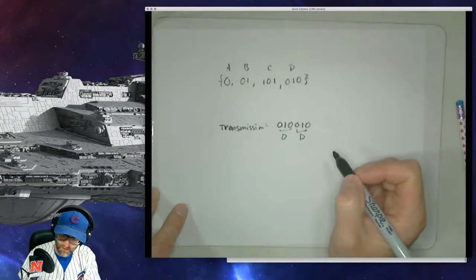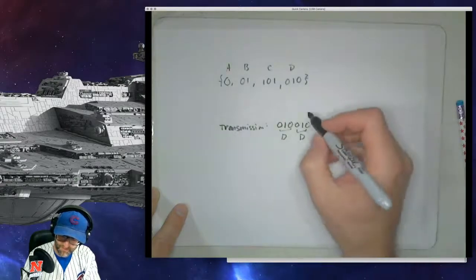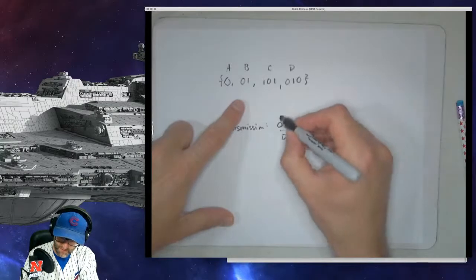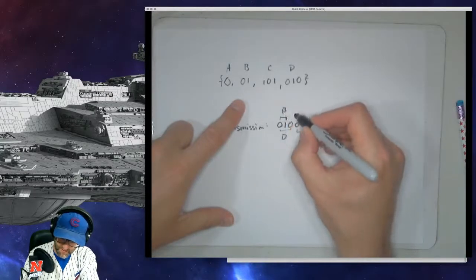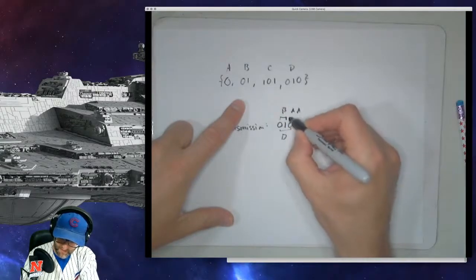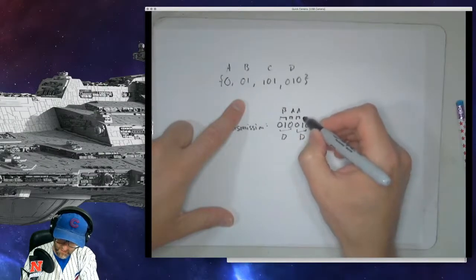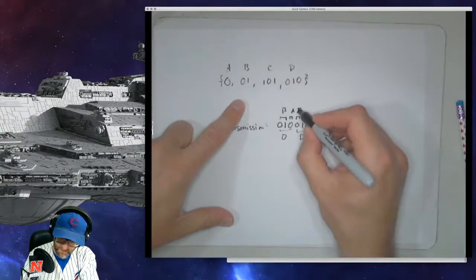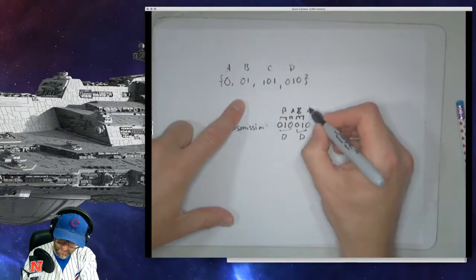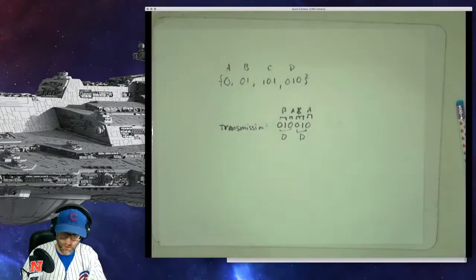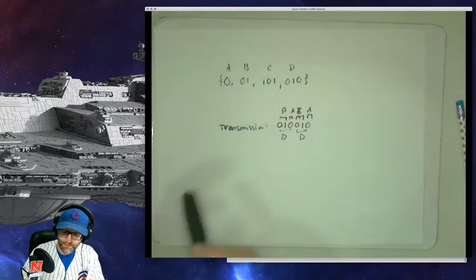What's another way that I could decode this? Well, it could be that this was actually a B, two A's, and another, sorry, that won't work out. But we could say then another B and then an A, right? It's ambiguous. We don't know what was actually sent because it's not prefix free.